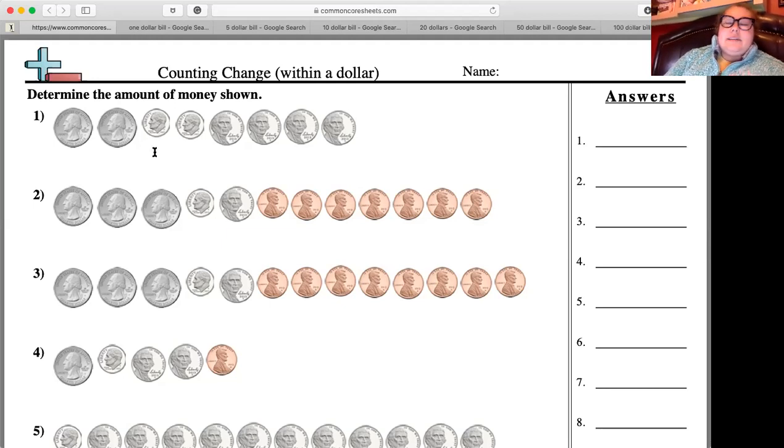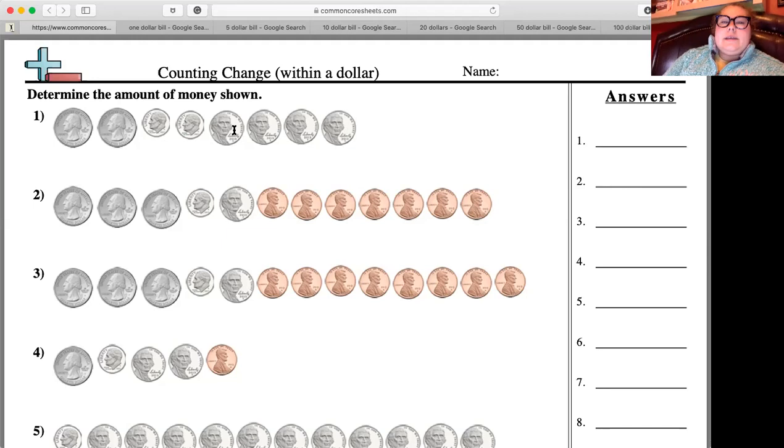Then you have a dime. What is the value of the dime? That's correct, 10 cents. So you're going to put plus 0.10 for 10 cents. Then plus, here's another dime, 0.10. Now, does anybody know what this coin is? That's right, it is a nickel.